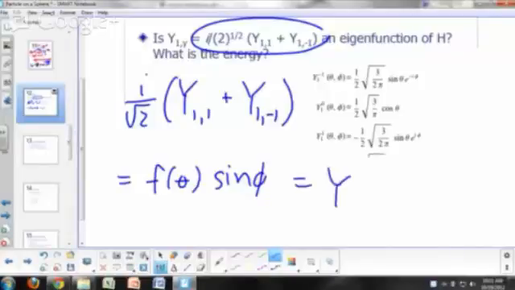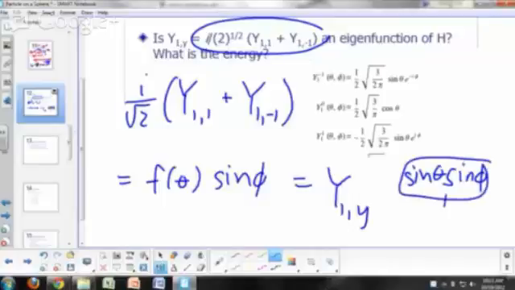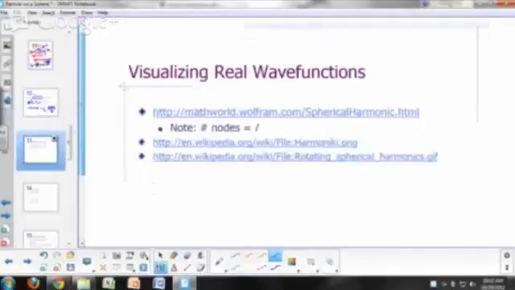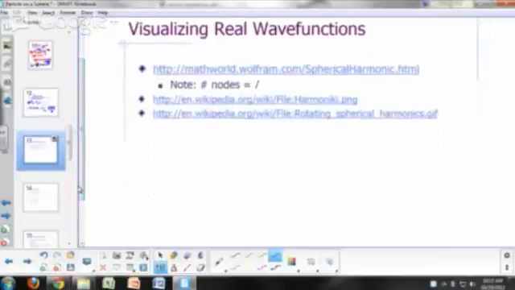And we call this y1y, because in your final expression you'll see a term that says sine theta sine phi, and that is just equal to y over r. Okay, so that would be the spherical harmonic that goes along with your py orbitals, the ones that you encountered earlier in freshman chemistry. Okay, so if you want to visualize these real wave functions, this is what they look like.